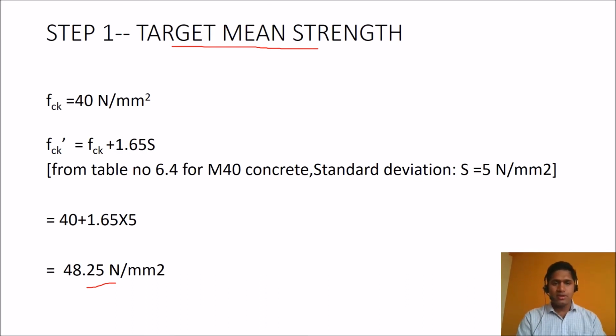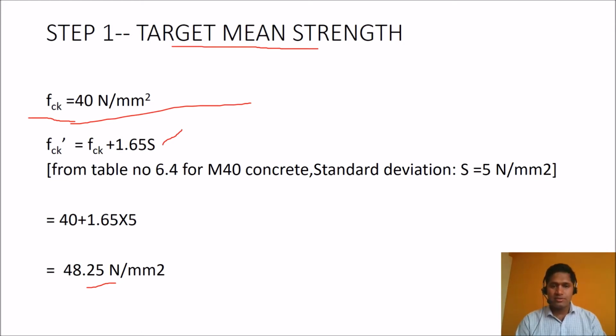The M40 grade of concrete is given in this mix design. To design M40 grade, fck, that is characteristic compressive strength, will be 40 Newton per mm square or 40 MPa or 40 kilonewton per meter square. All are the same. You have to note down the fck value. After that, fck dash equals fck plus 1.65 into S. S is the standard deviation. This standard deviation should be taken from a minimum of 30 samples from the site.